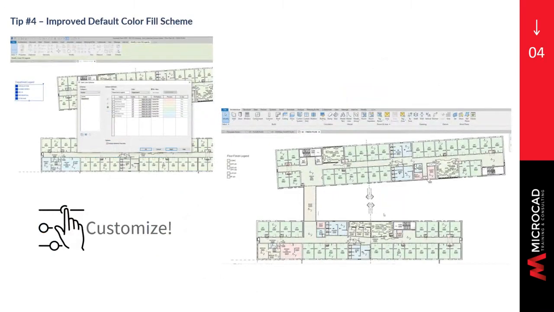Something really cool and useful as well is that now you can try a new default pastel color scheme. Previously, when you used your color scheme for rooms or for spaces, it used to be darker with bolder colors, which can obscure other elements in your view.